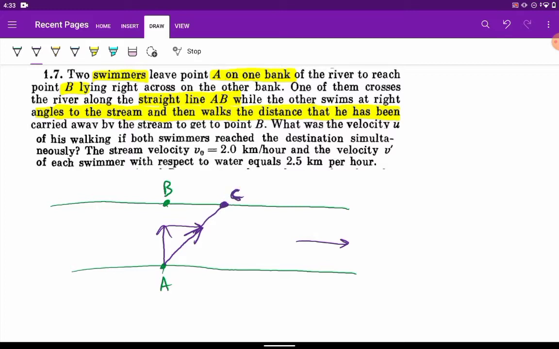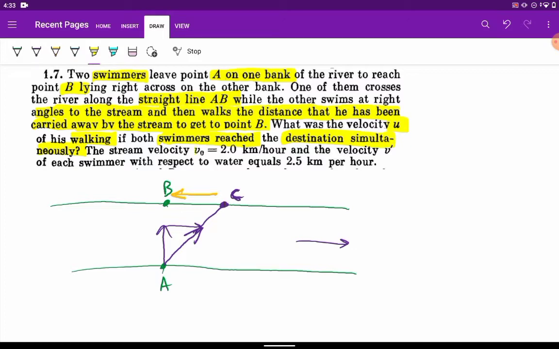From there it walks the distance that has been carried away by the stream to get to point B. Now what must be the velocity u of his walking, from C to B, if both swimmers reach the destination simultaneously? Okay, the time taken by both swimmers is the same.